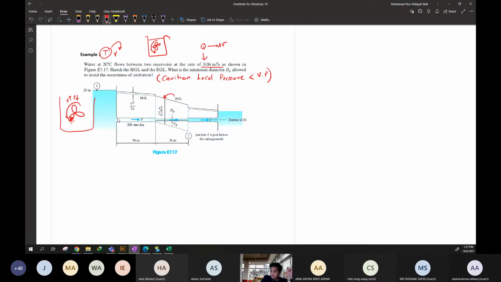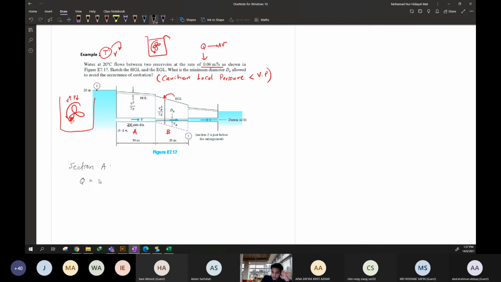Because the pipes have different diameters. So at section A, we have diameter 0.2 meter.